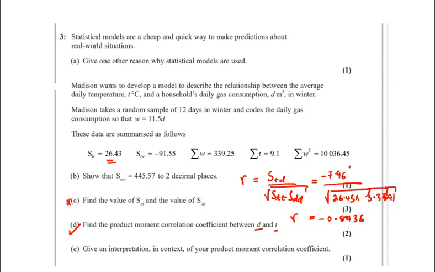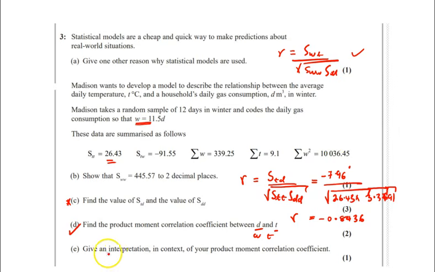For the correlation coefficient, you can as well use WT and say that R is equal to SWT over the square root of SWW and STT, because the linear coding which they did over here does not change the correlation. So even if you use this, you end up with the same answer.